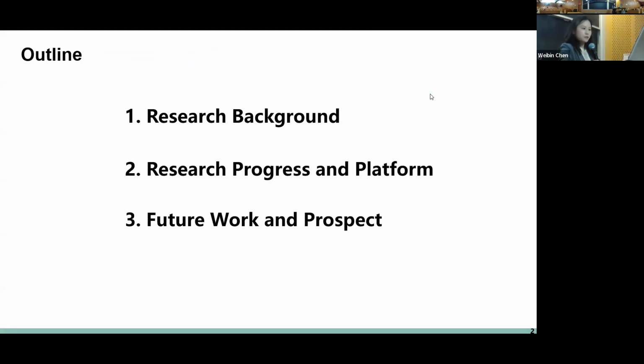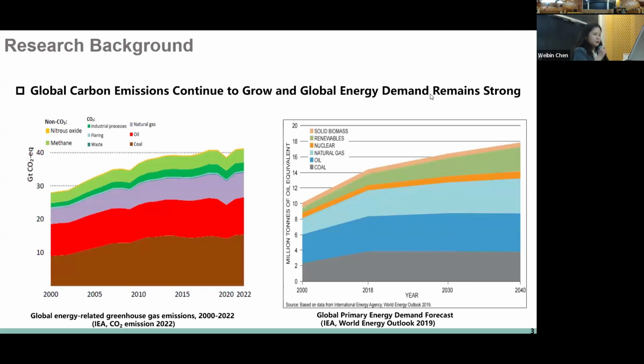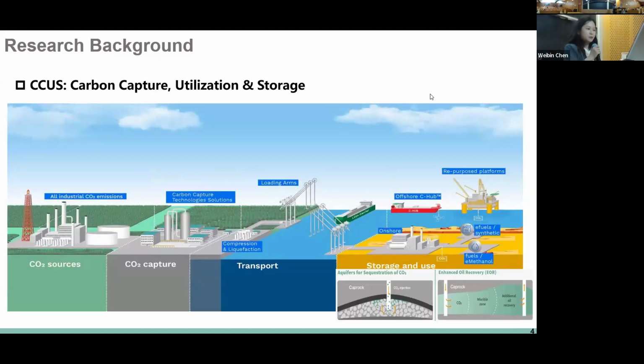I will introduce it in three parts, and the first one is the research background. We all know the global carbon emissions continue to grow, but global energy demand remains strong. So it gives birth to CCUS. What's CCUS?